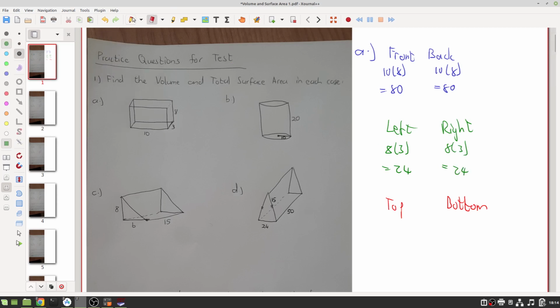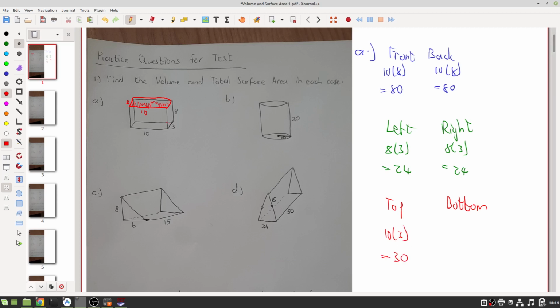Now what we have left is the top and the bottom. So the top part, that's this rectangle here. Let me just color it in so we can see which one we're talking about. So that's 10 times 3, right? That's going to be 30.